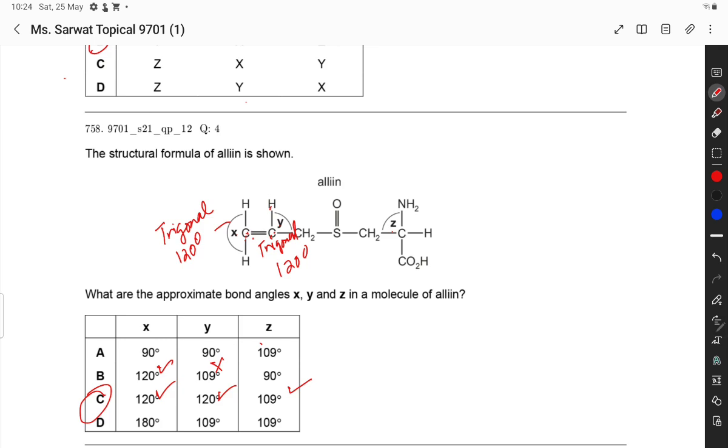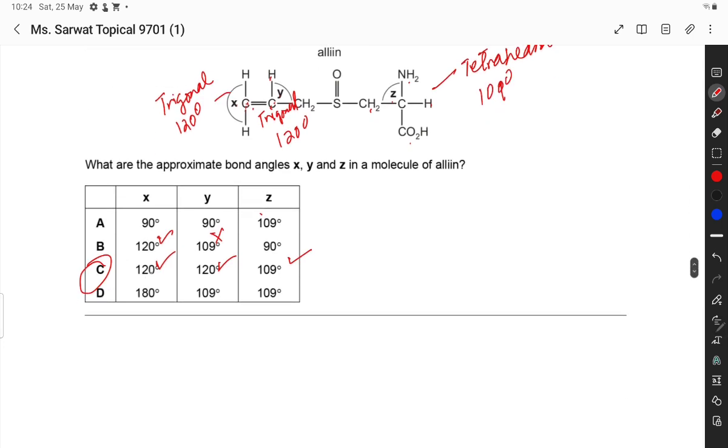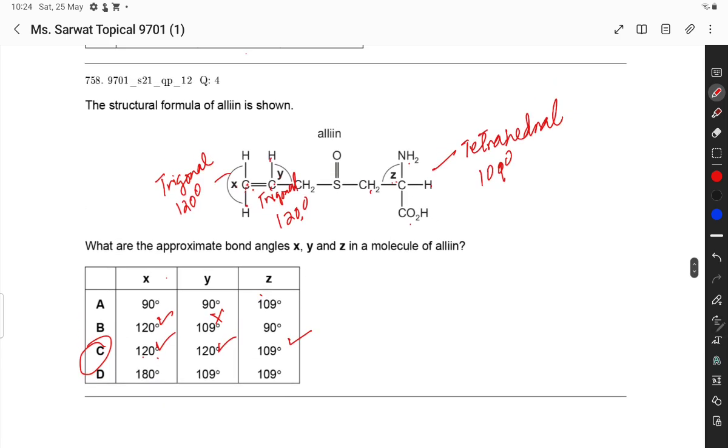And this carbon is surrounded by 4 other atoms, hydrogen, carbon, nitrogen and carbon. So the shape is tetrahedral, and the angle is 109 degrees. So that is why C option is the correct option, because X is 120, Y is 120 and Z has 109 degrees.